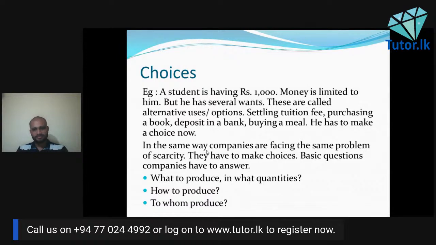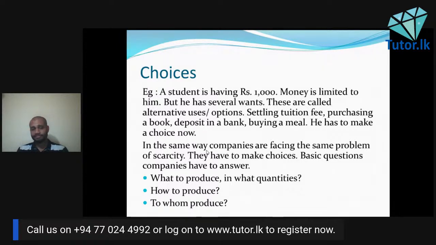The basic questions that the companies have to answer are: what to produce? They have limited resources. They have identified thousands of products that they need to produce, but they can't do all the production.